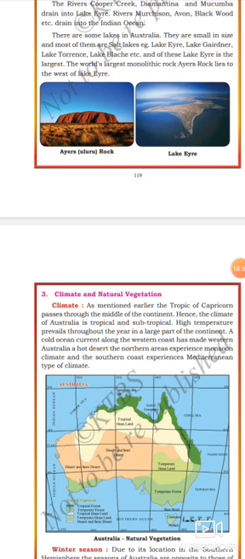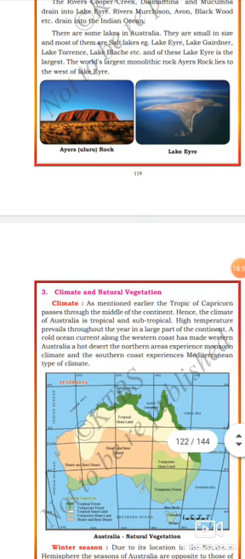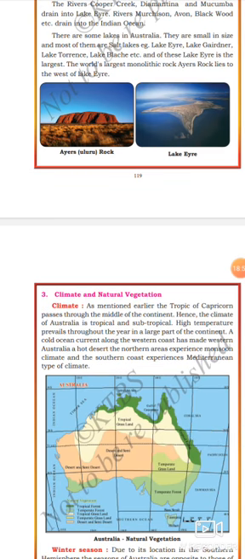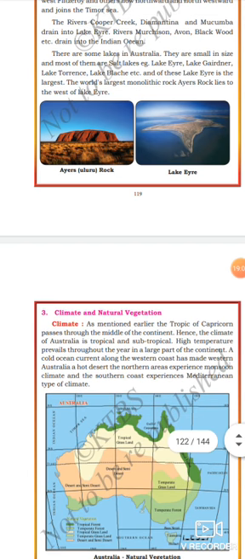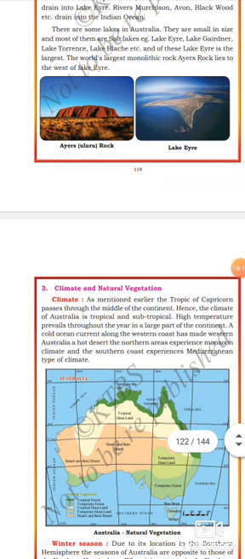The world's largest monolithic rock, Ayers Rock, lies to the west of Lake Eyre. Listen, dear students, monolithic means single stone. Mono means single, lithic means rock. The world's largest monolithic rock is located in the Australian continent near Lake Eyre.